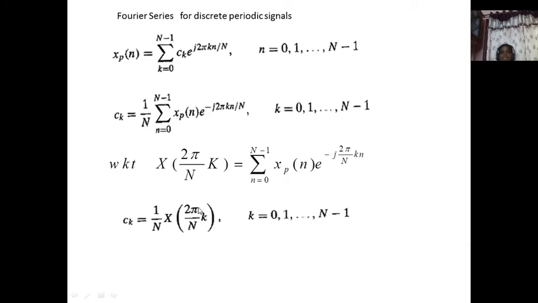Then for xp of n, equal to summation k equals 0 to N minus 1 ck e power j 2 pi kn by N, in place of ck we substitute in terms of the discrete spectrum: ck is replaced by 1 by N X of 2 pi by N k. So xp of n equals 1 by N summation k equals 0 to N minus 1 X of 2 pi by N k e power j 2 pi kn by N, where n equals 0, 1, up to N minus 1.